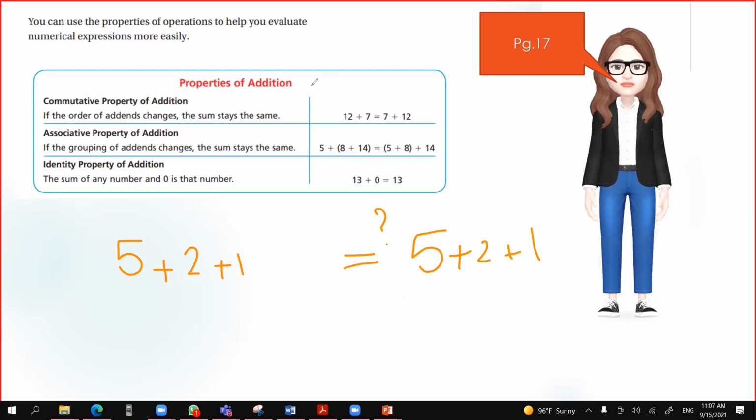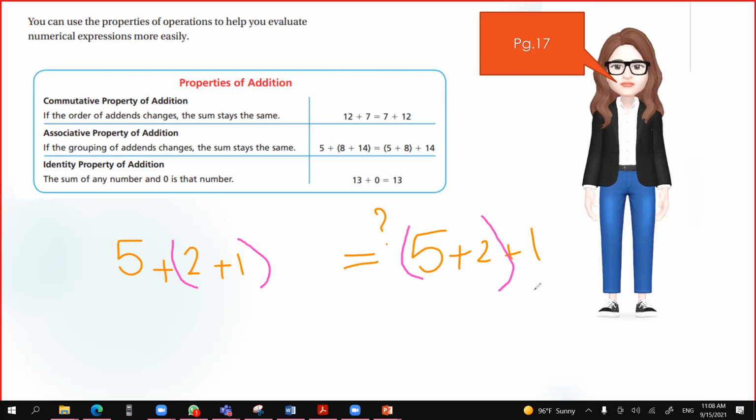If you put the brackets here, or you put them here, you just regroup or change the group of the numbers. Do you have the same answer?